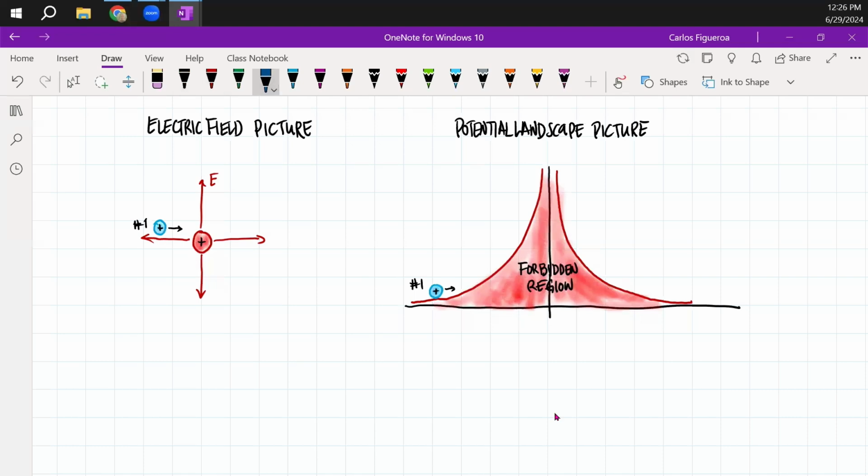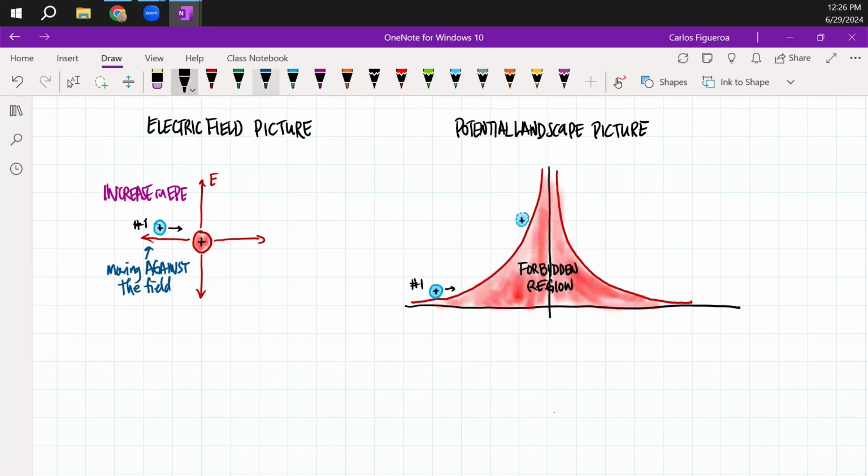For starters, it's moving against the field. And as we already know, if you move against the field, there is an increase in electrical potential energy. So when I go over here, this tells me that this charge is increasing its potential energy.